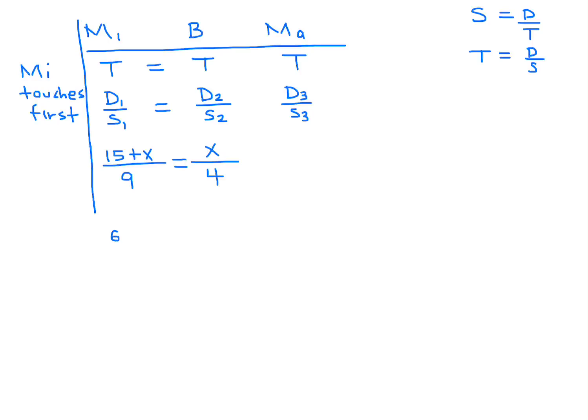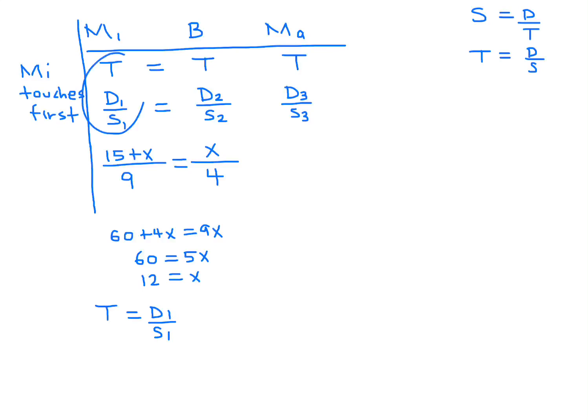Cross multiply and you get 60 plus 4x is equal to 9x. And therefore 60 is equal to 5x. And therefore x is equal to 12. Okay, so x is equal to 12. Now let's figure out the time. The time that it takes, t, is equal to d1 over s1, right?